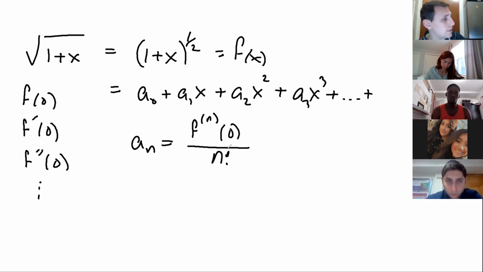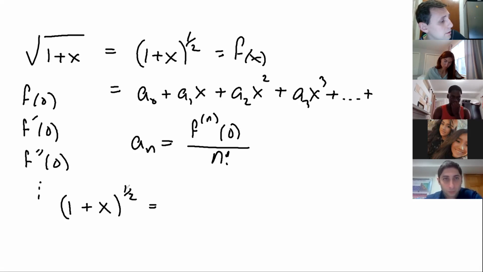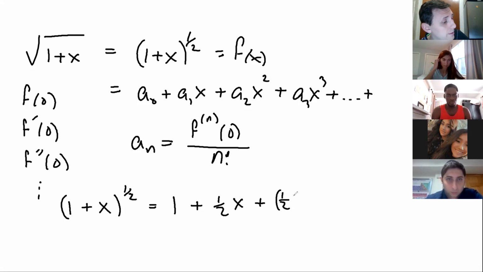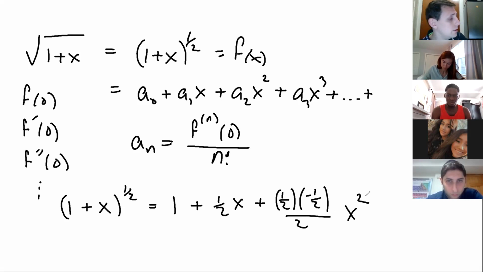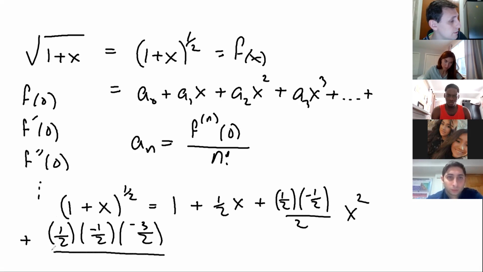Which means that the expression 1 plus x to the power of 1/2 will be the same as 1 plus 1/2 x plus 1/2 times minus 1/2 divided by 2 x squared plus 1/2 times minus 1/2 times minus 3/2 divided by 6 x cubed, and so on.